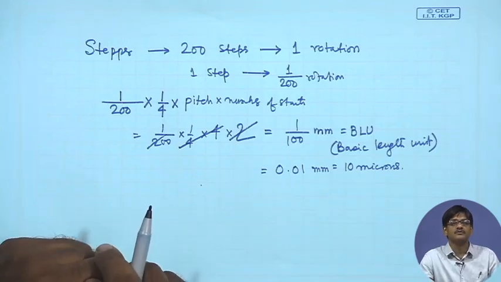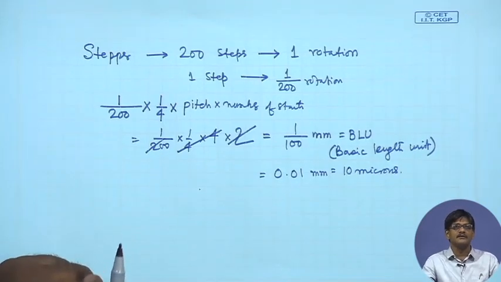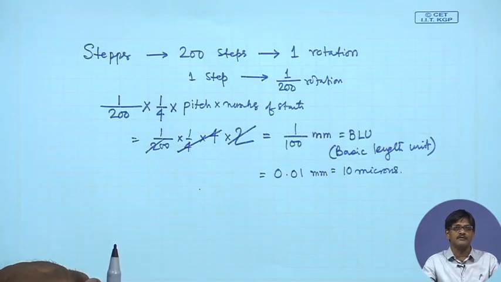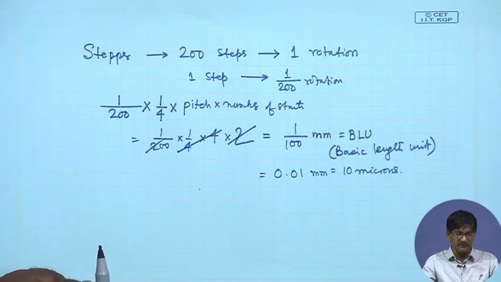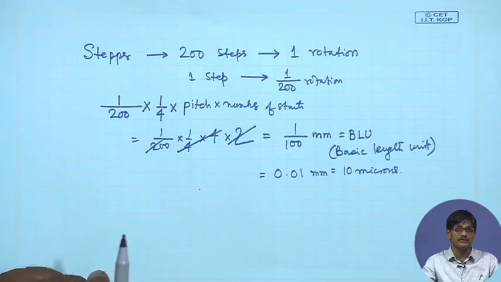Okay. So, this way we understand how the location of the gearbox can be decided and how calculations can be done in order to find out the output which a particular gearbox is providing. Okay.